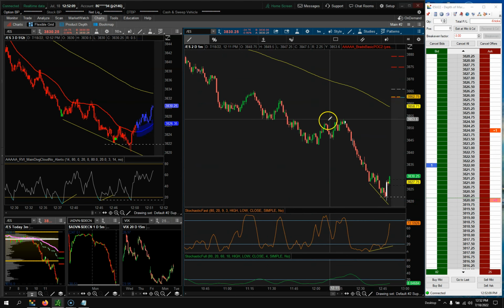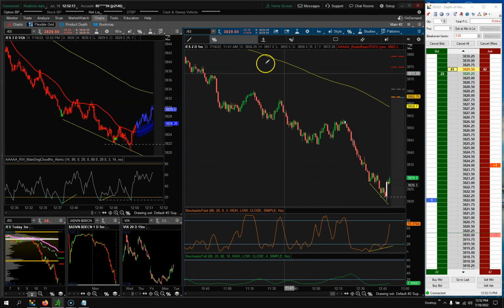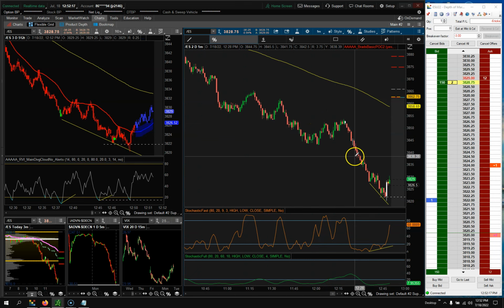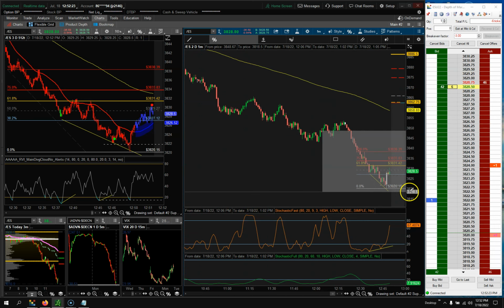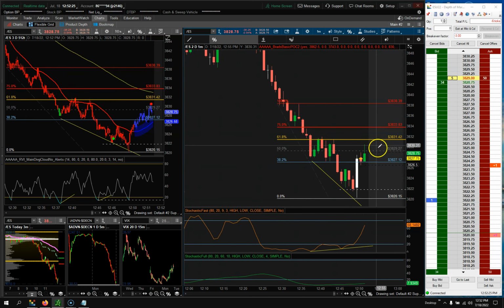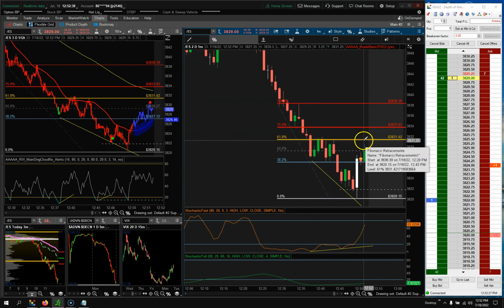Now, while this is happening, I might look for another trade, because as this trade's setting up, I might look for a Fibonacci trade, right? In this case, I might look for the Fibonacci pullback where I'm looking for the 61.8. We kind of just missed it right here, so I probably won't take this trade.